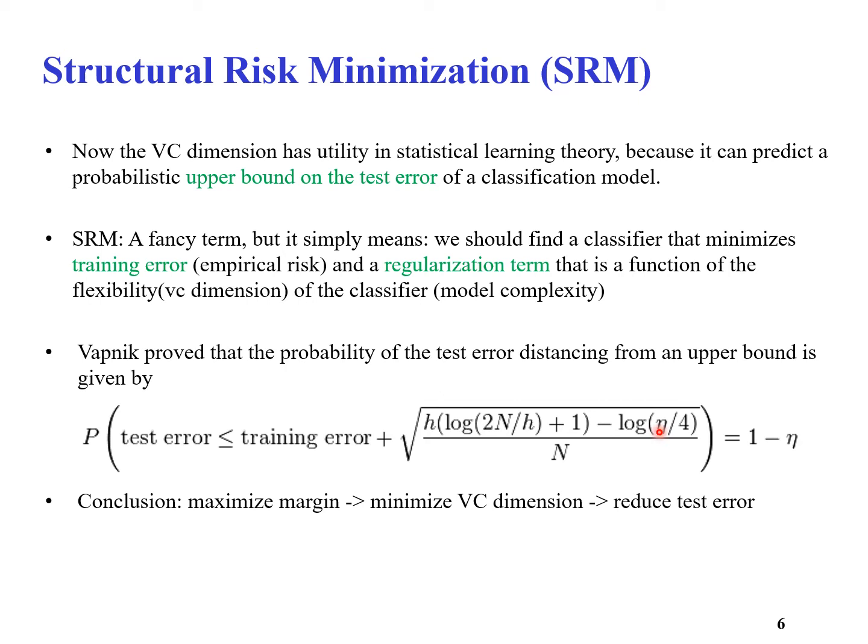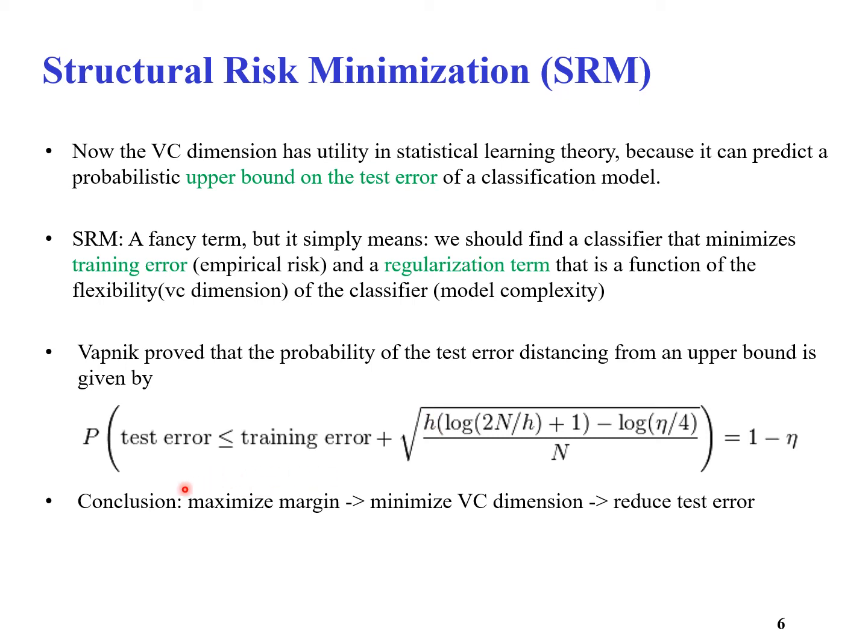So if h, the Bayesian dimension, goes up, this term goes up, and that means test error may go up, right? And if h decreases, the whole regularization term decreases, and that reduces the test error. So if the Bayesian dimension of the classifier is very low, it reduces test error. That's why we compute Bayesian dimension.